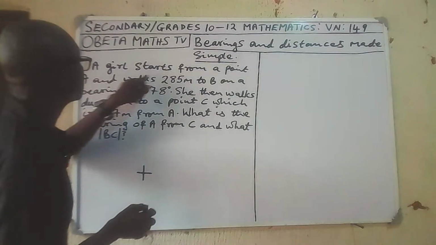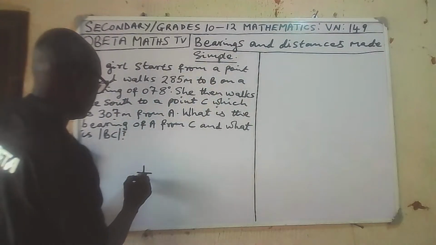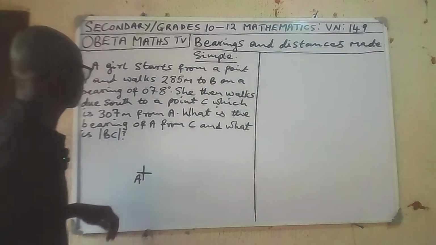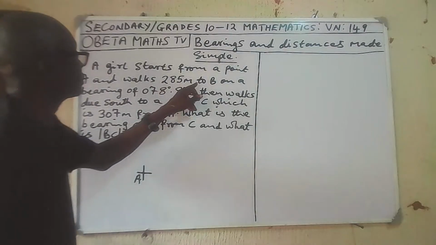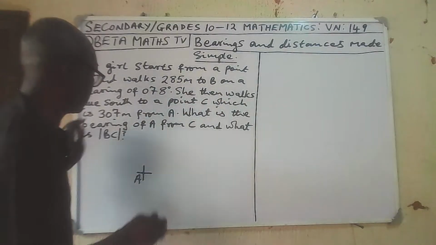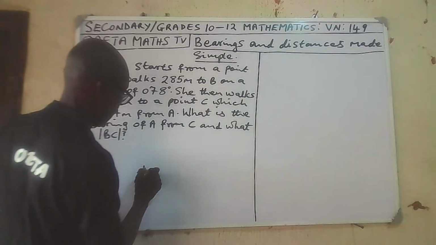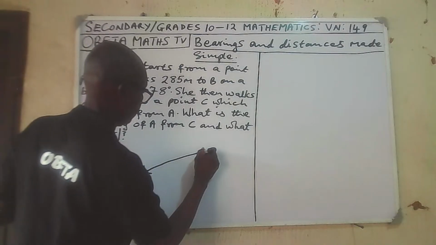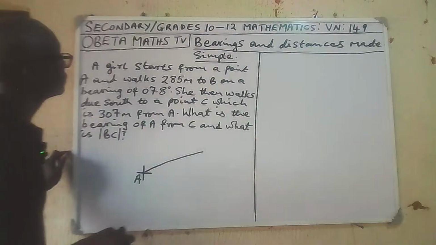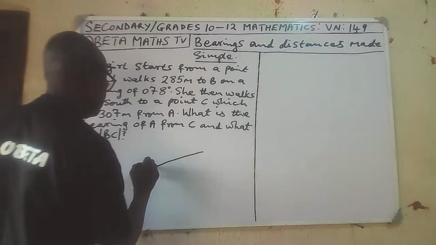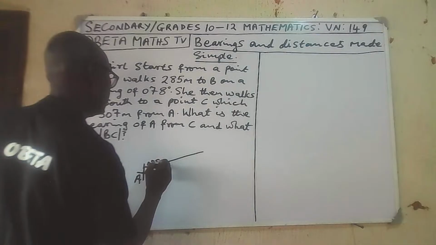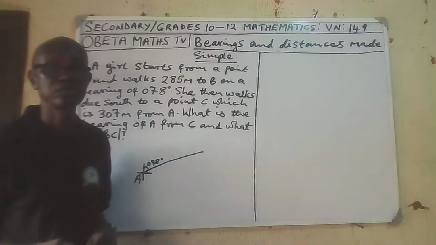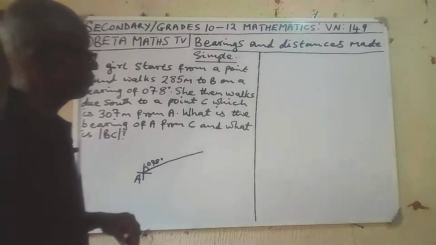It said get from a point A. So this is our point A, and walks this to B on a bearing of this. So assuming we have this, okay, and then that means this is our 078 degrees as we are seeing it.